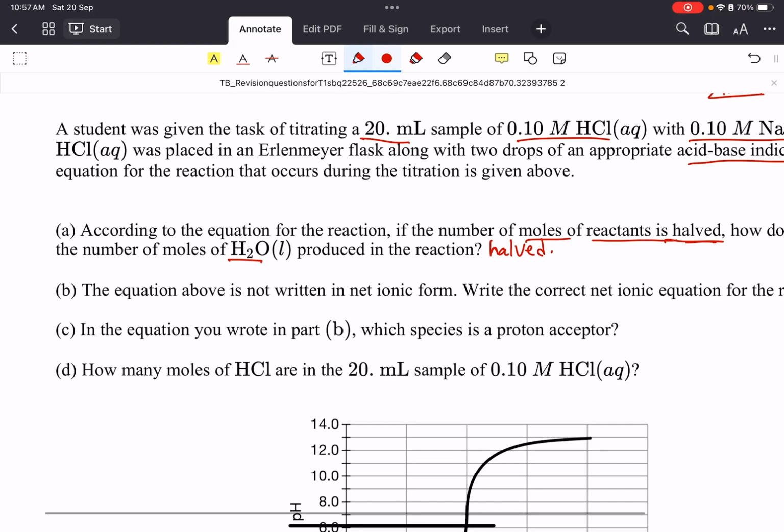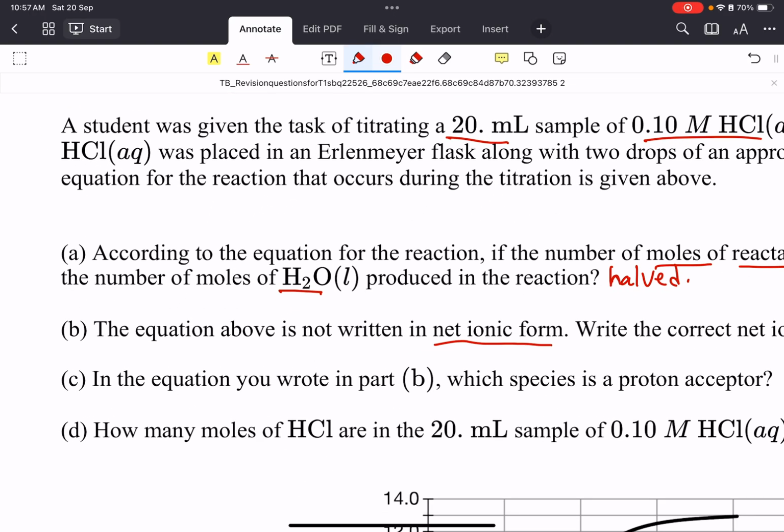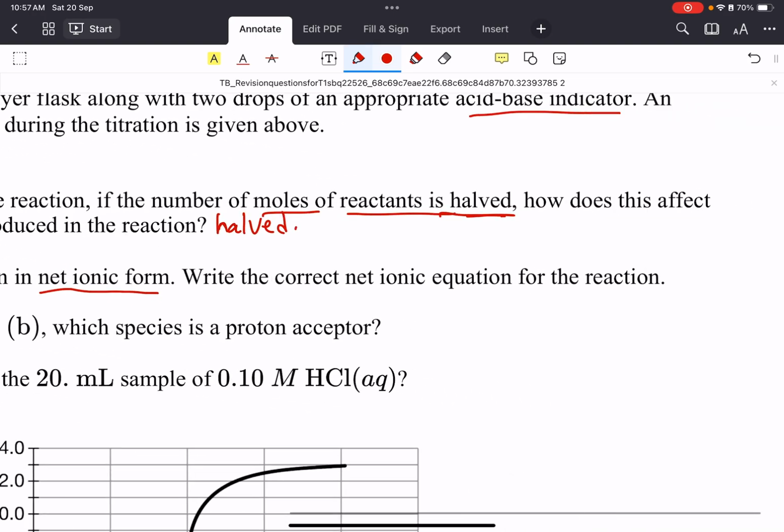The equation above, which is this one, is not written in the net ionic form. It means it's not written showing the ions involved. Write the correct net ionic equation. In HCl, the important factor is the H+, and in the NaOH, the important factor is the OH-.